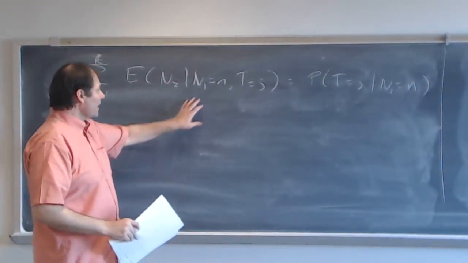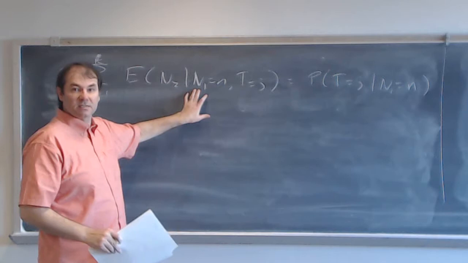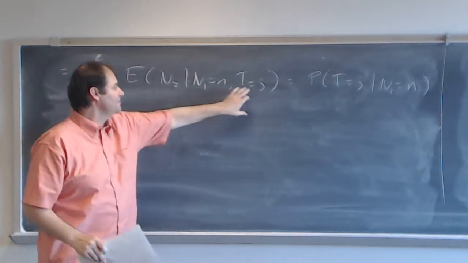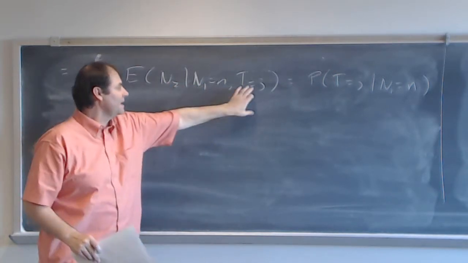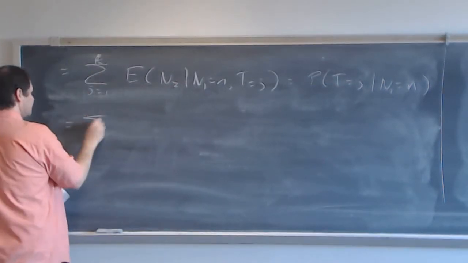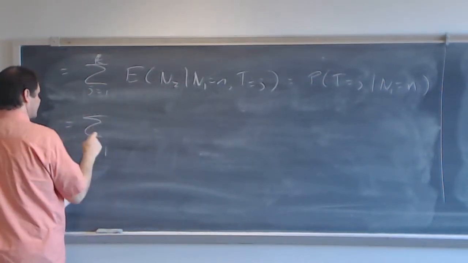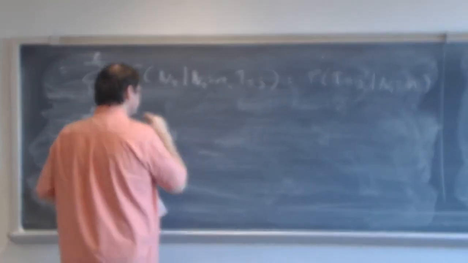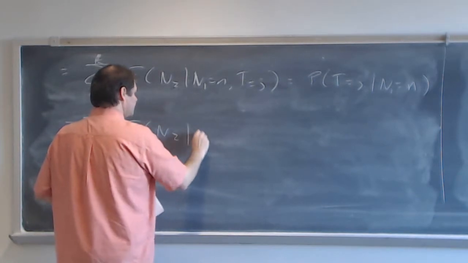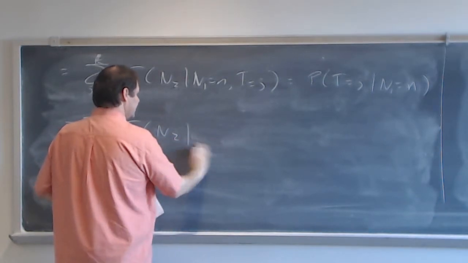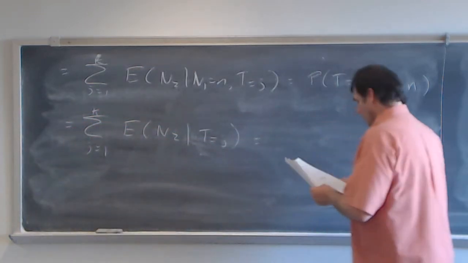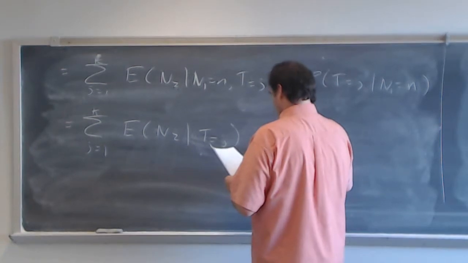Now, what I want to remind you of is that these two are independent. And so knowing that N sub 1 is equal to N really doesn't affect this. With T being equal to J, because of the independence, we can reduce that conditional expected value to the sum as J runs from 1 to K of the expected value of N sub 2 given T equal to J. And here, we'll rewrite this as is.